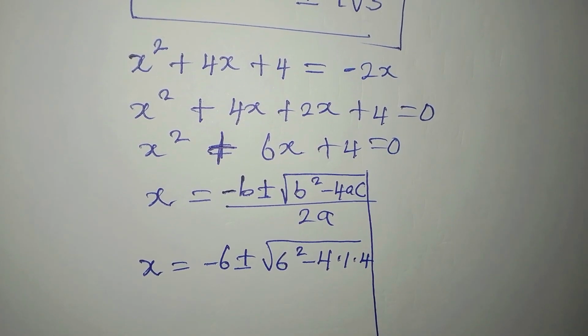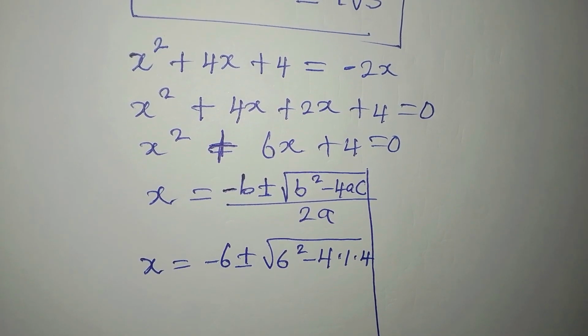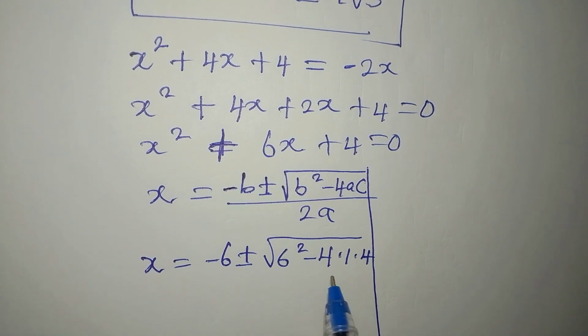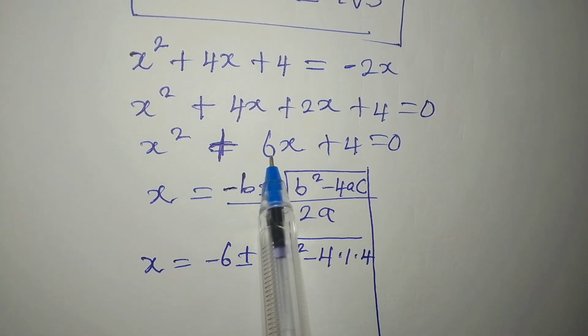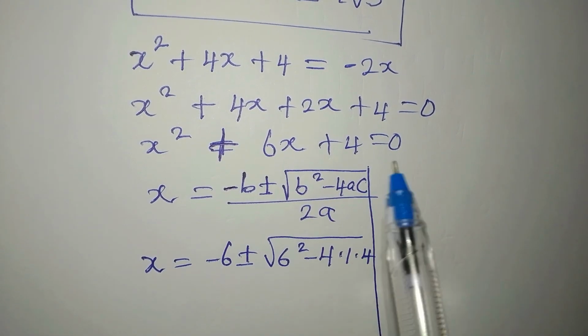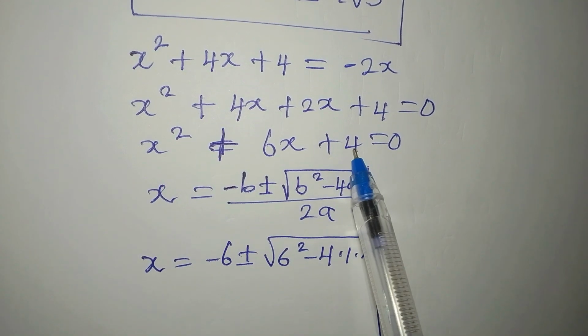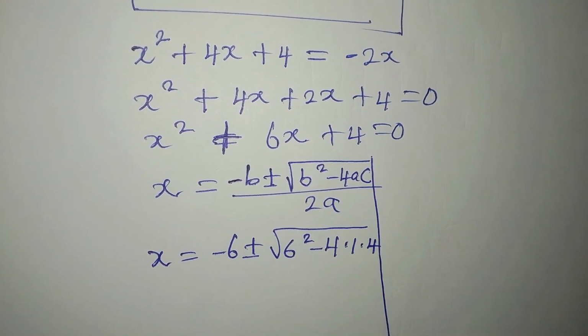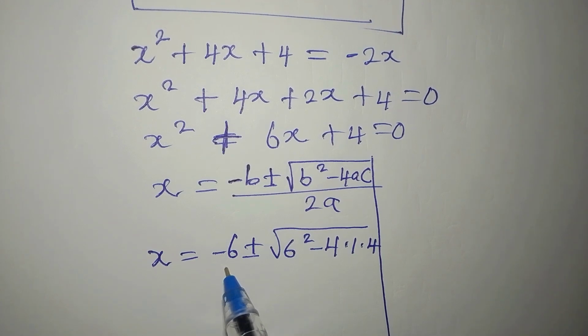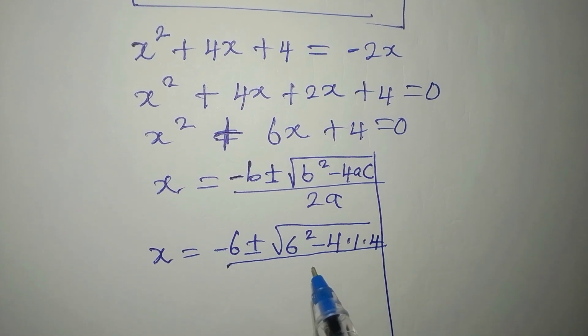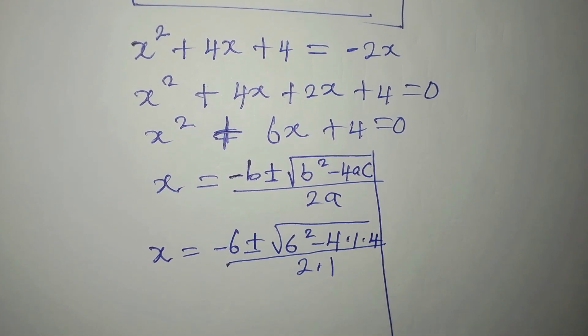And this is because our b now is 6 and our a is 1 and c is 4. So we need to substitute into this, and we divide this by 2 times 1 as well.